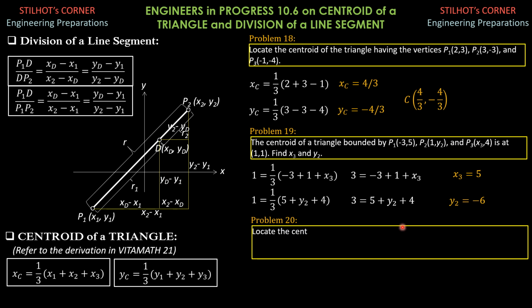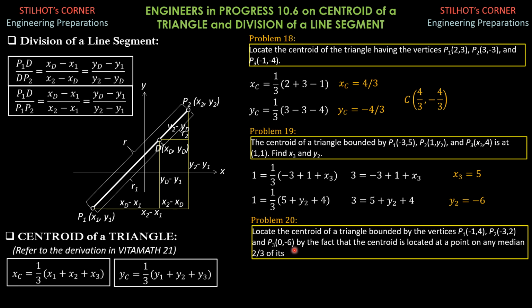So finally, problem 20, locate the centroid of a triangle bounded by the vertices P1 (negative 1, 4), P sub 2 (negative 3, 2), and P sub 3 (0, negative 6), by the fact that the centroid is located at a point on any median 2/3 of its length.